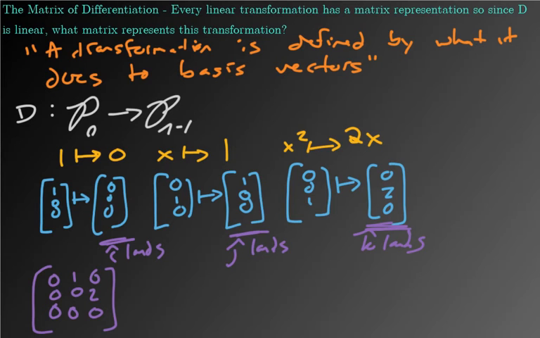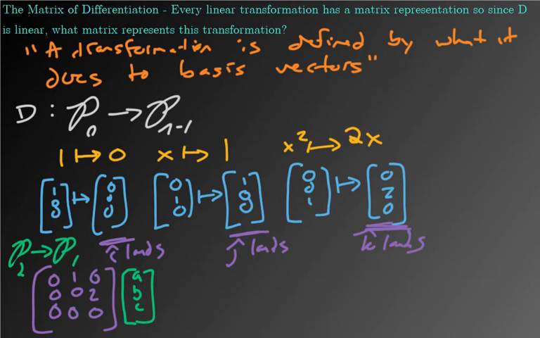This is pretty easy to do if you just take an arbitrary polynomial. So this should represent a quadratic being sent to, it should be a linear, right? So this is a plus bx plus cx squared.